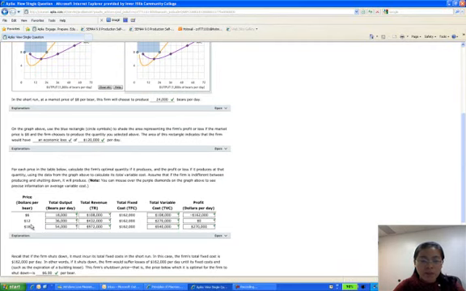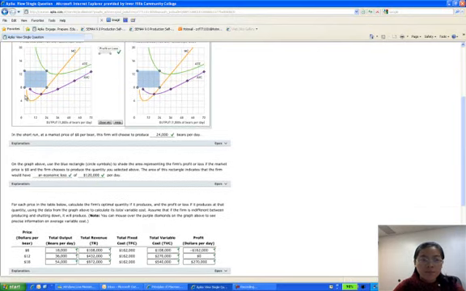If the market price changes, how does it affect the total revenue, total variable cost, and the profit? So if the market price is 6, it's right here. Marginal revenue equals marginal cost, and this will be the output level, 18,000. The total revenue is the market price 6 times the total output. The total fixed cost is given, and we can see it remains constant throughout the production.